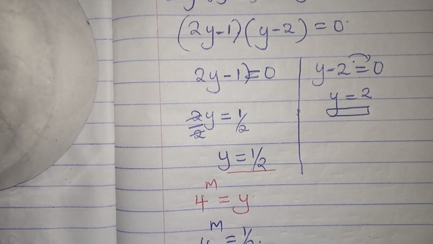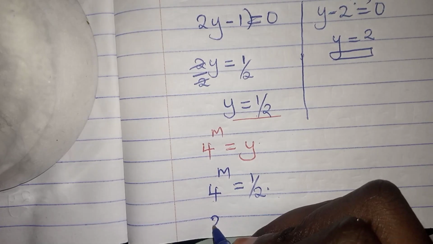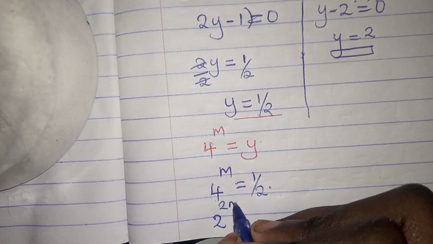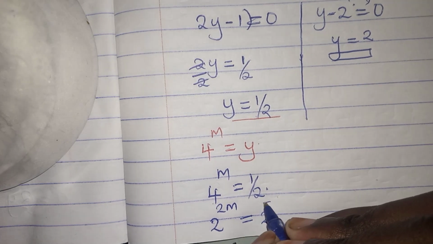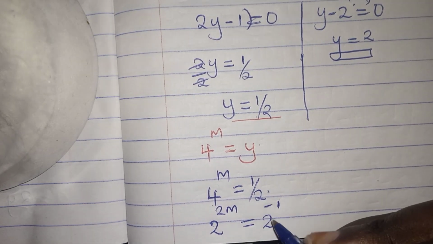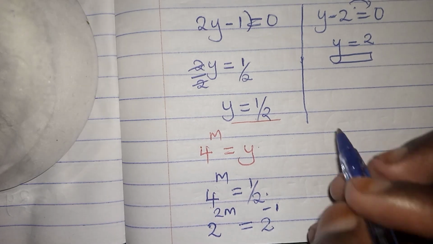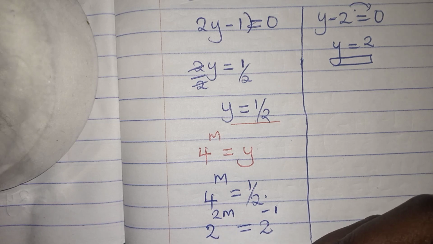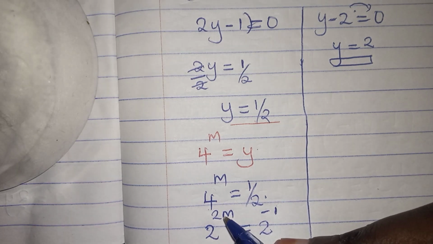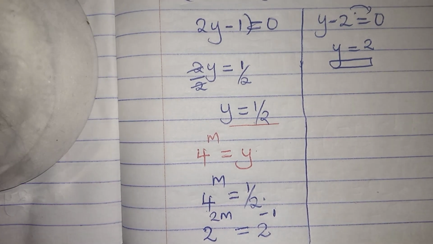So 4, we can write it as 2 to the power of 2. 2 to the power of 2m is equal to 2 to the power of -1. This a half here, we can write it as 2 to the power of -1. So to get the value of m here, our bases are the same. We can equate the exponents.